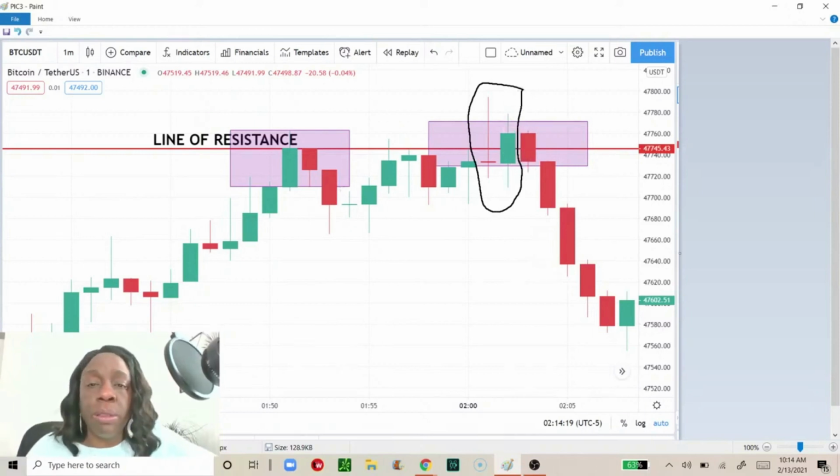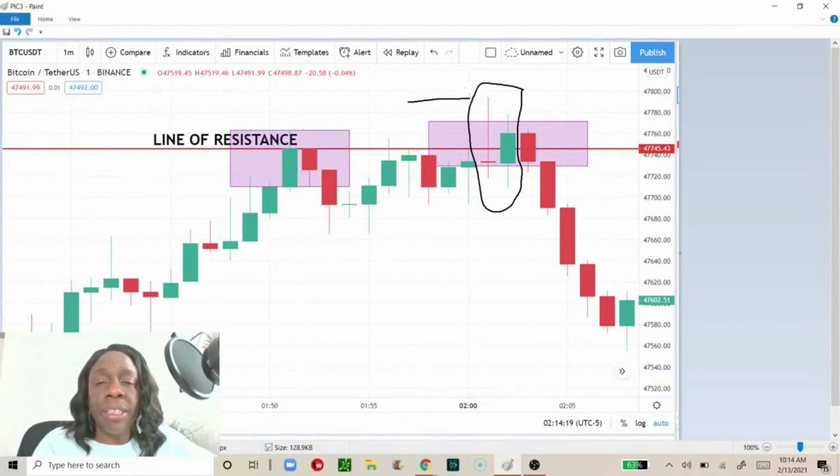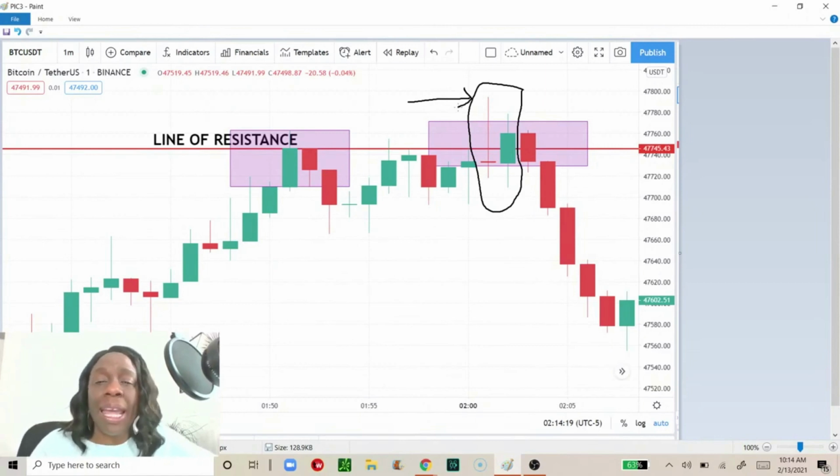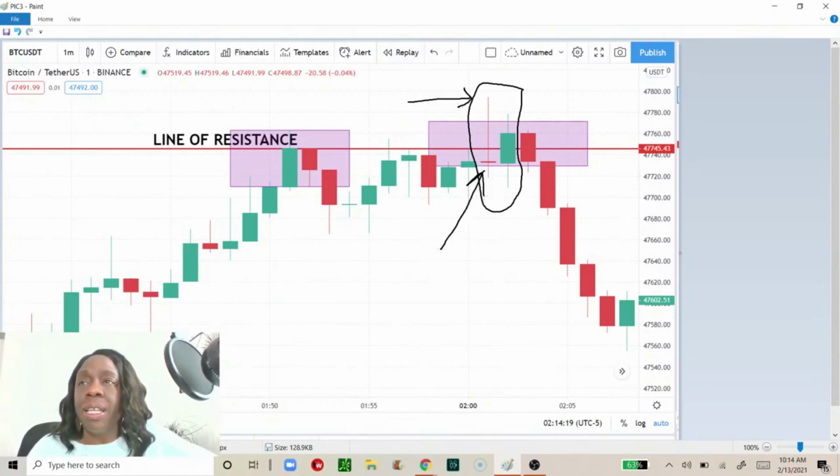The first candlestick is called a gravestone doji. What happened is price action did break out. It ran all the way up here, but within the space of 1 minute, it didn't close. It then ran back down again and closed below the line of resistance.